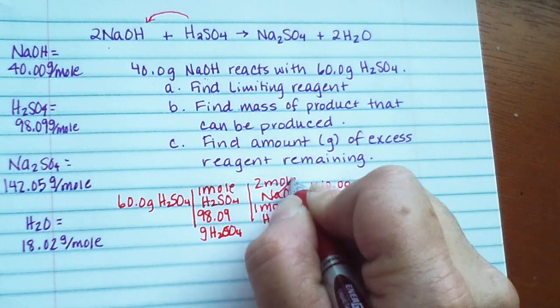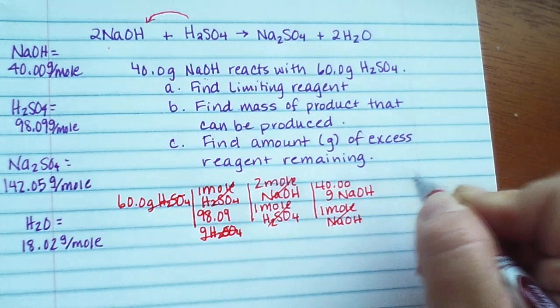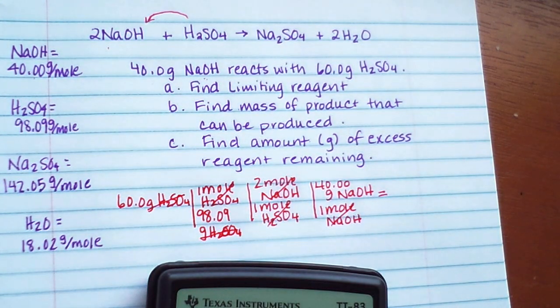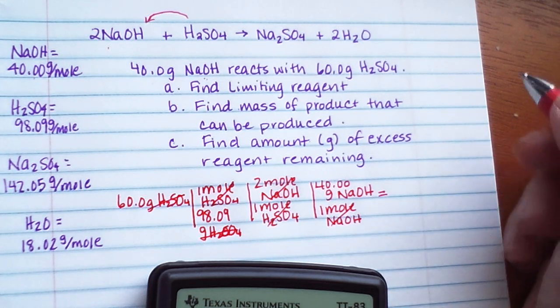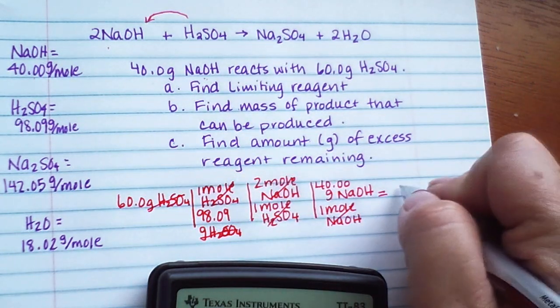Canceling out my units, good. Now I'm going to use my calculator: 60 times 2 times 40, divided by 98.09, and I get 48.9.